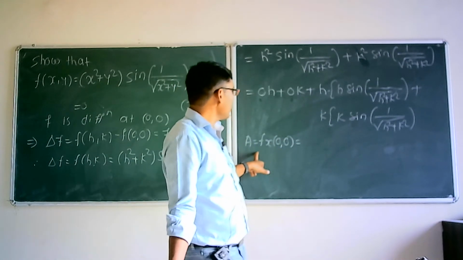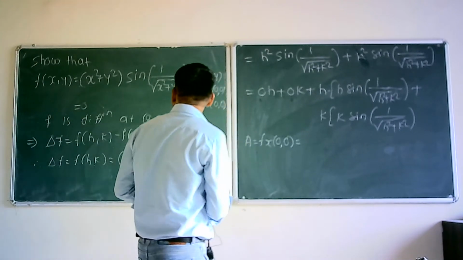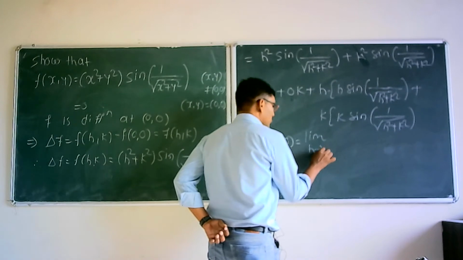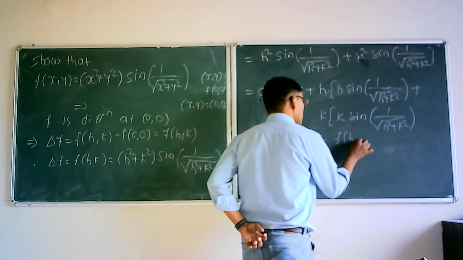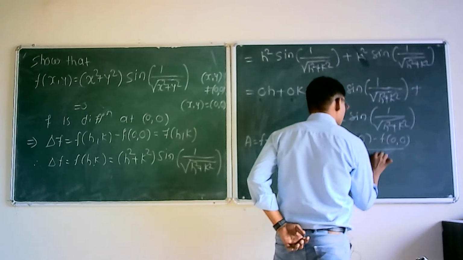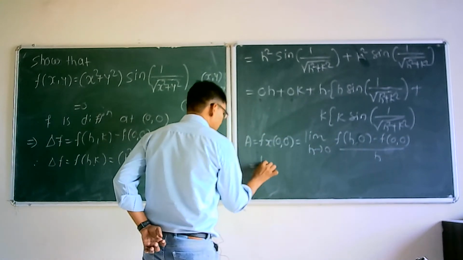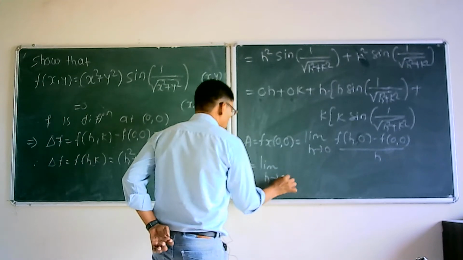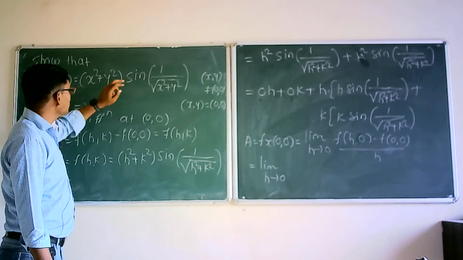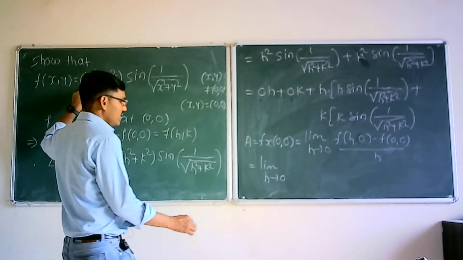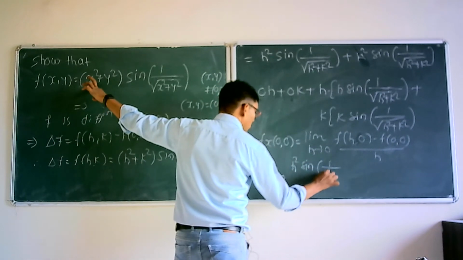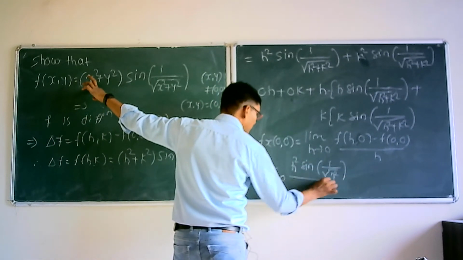So here what is A, fx(0,0)? It is equal to limit h tends to 0 of [f(h,0) minus f(0,0)] divided by h. So it is equal to limit h tends to 0, what is f(h,0)? So y is 0, so it is equal to h² sin(1/√(h²)), this whole divided by h.